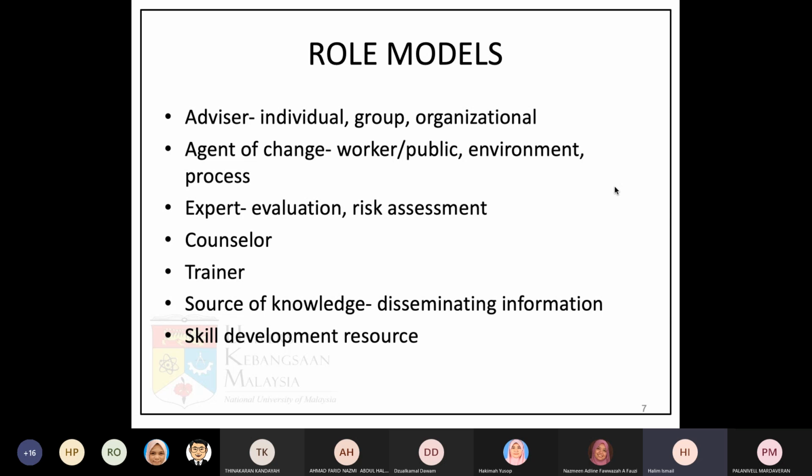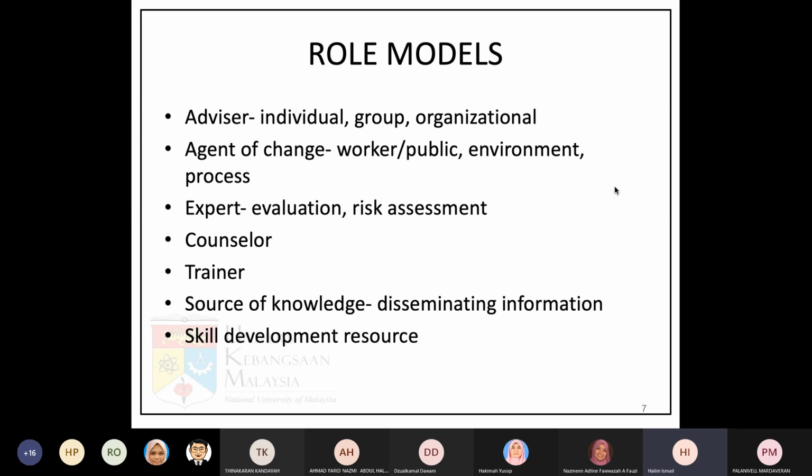They can also serve as a counselor. They can also serve as a trainer, to train workers on the safety aspect. As a source of knowledge, their role is to disseminate information related to safety and health, and skill development resources.